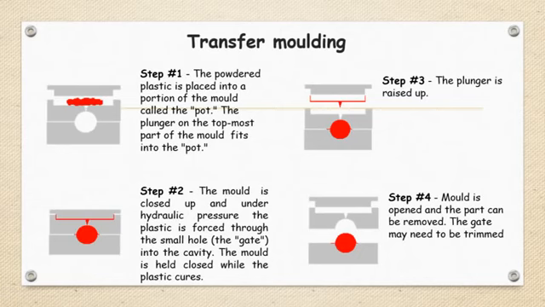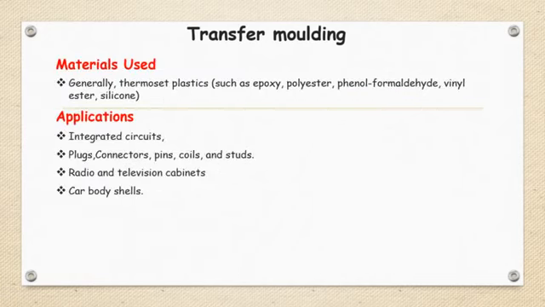The mold is held closed while the plastic cures for the curing time. In the third step, the plunger is raised up. In the fourth step, the mold is opened and the part can be removed. The gates may need to be trimmed after removing the component.